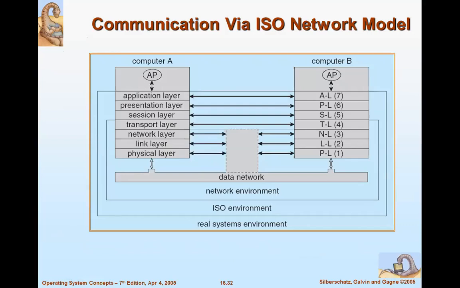Here you can say you have computer A in this diagram and computer B, and the process actually starts from the application layer where the user interacts with the system, and then it comes down to presentation, session, transport, network, data link, and physical layer.